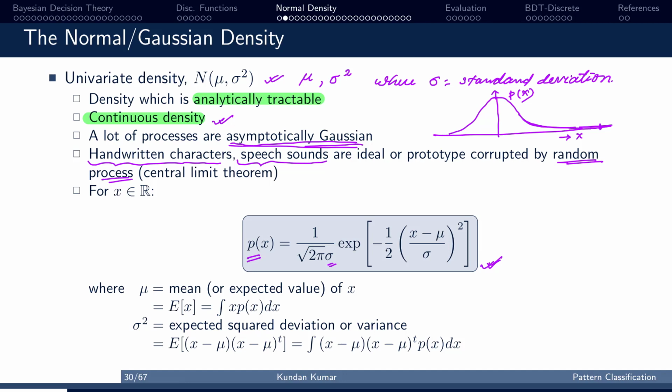Here mu is the expected value of the experiment, and sigma square is the expected variance of the experiment. That means how many variations are in the data. The variance tells us how much spread there is in the data.